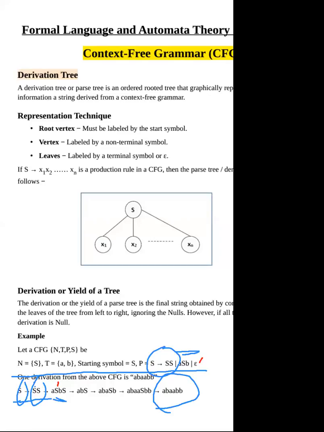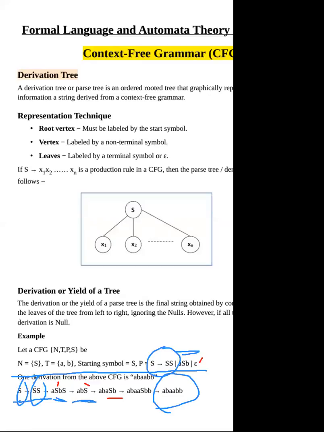So it becomes AB S, right? Because the first S is replaced by null. Now the second S, this S, can be replaced again by ASB.